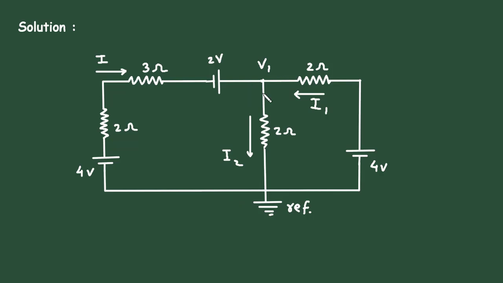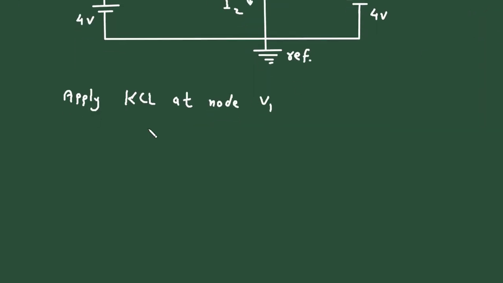Now here at this node we will apply KCL, that is Kirchhoff's current law, at node V1. According to KCL, the summation of all the currents entering a node is equal to the summation of all the currents leaving the node.